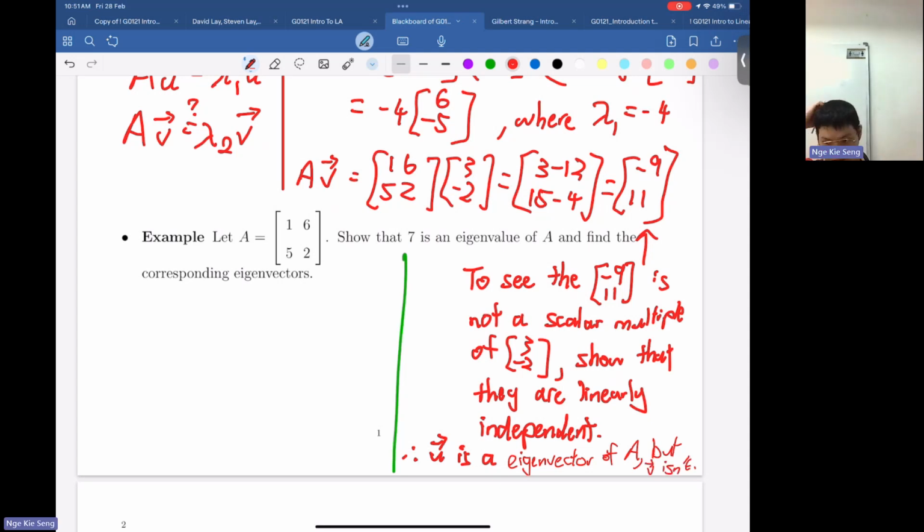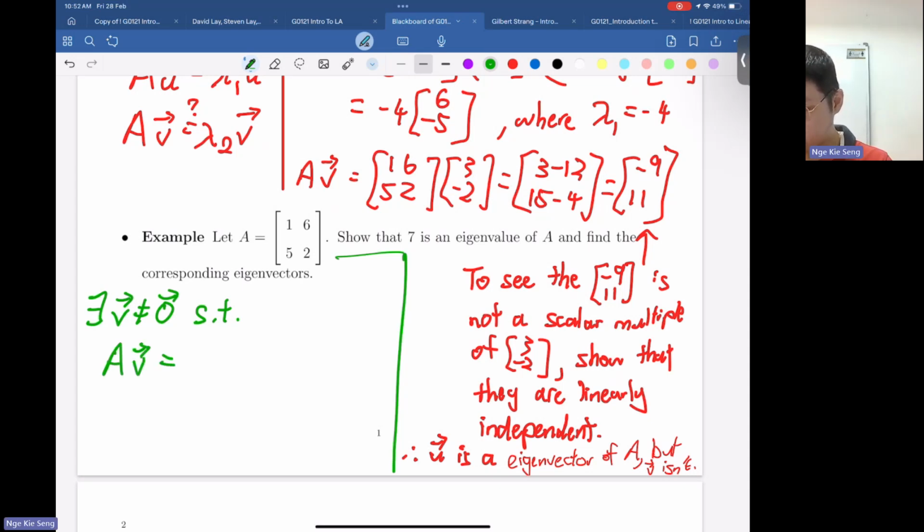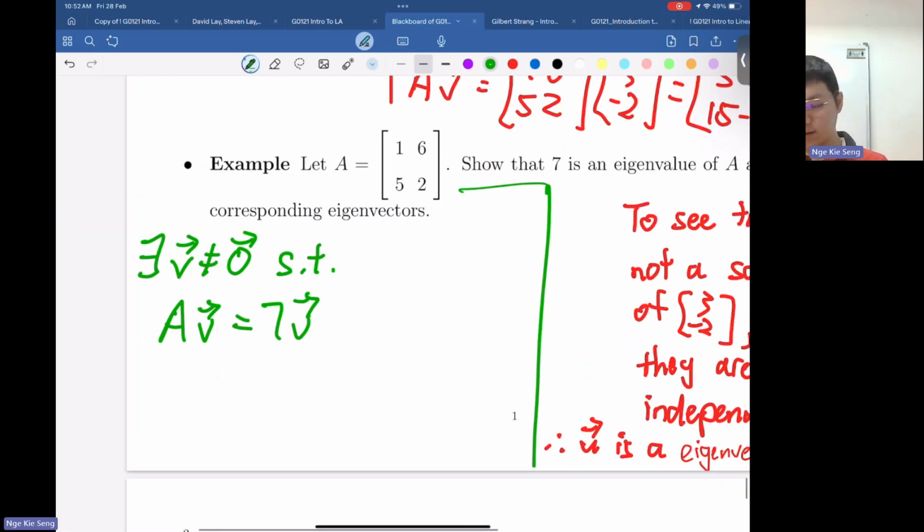Now for the second part, let's use a different color to differentiate. You want to ask whether there exists a non-zero V such that AV equals 7V. So you want to ask whether there exists a non-zero solution.